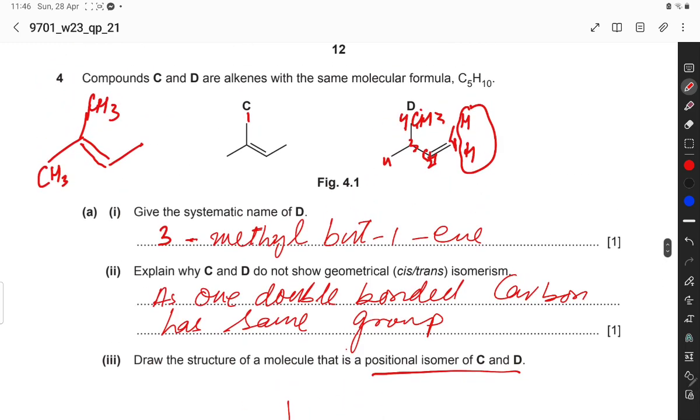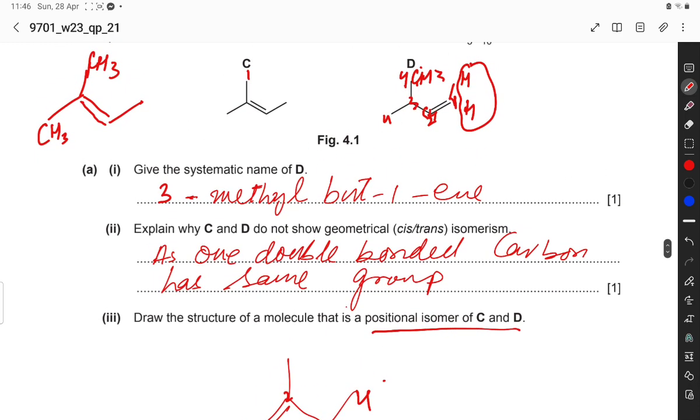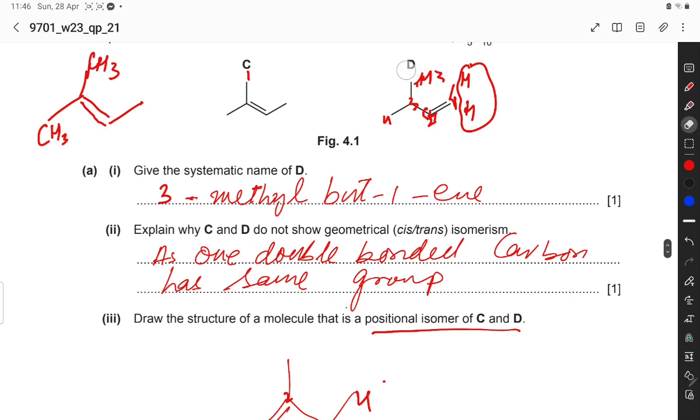This is a structural isomer, with this carbon having CH3, CH3.